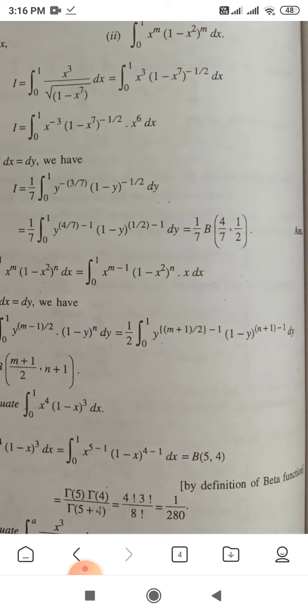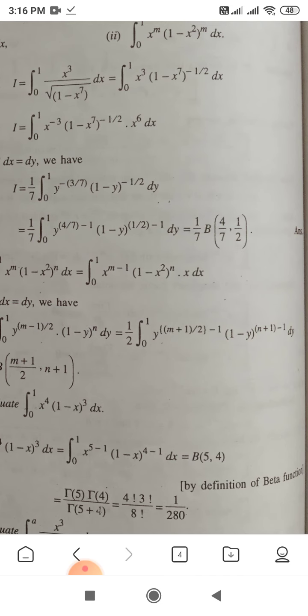Now this equation can be compared with the formula of beta mn. Beta mn is equal to 0 to 1 limit y to the power m minus 1, 1 minus y to the power n minus 1.